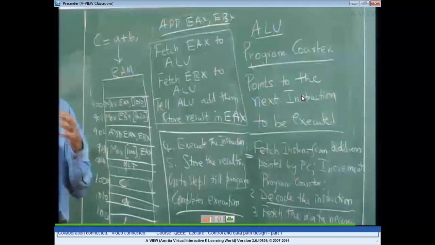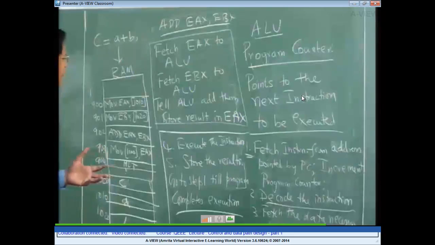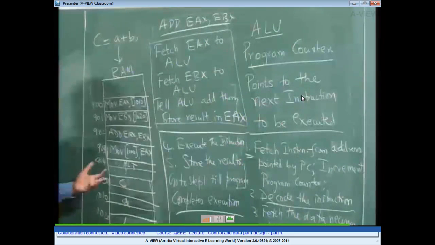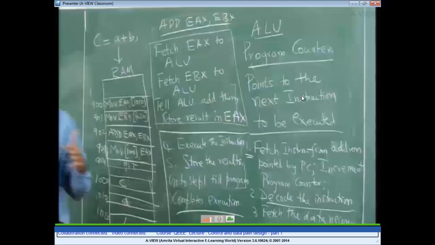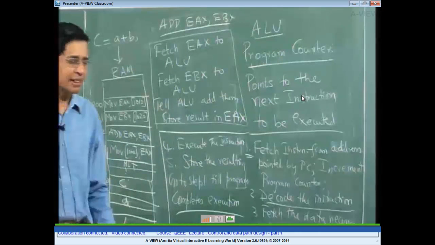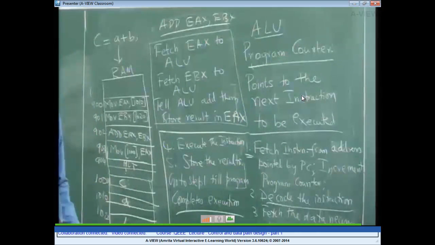So what would be the hardware necessary for it to execute, how is that hardware organized, is what we will cover in the next 1.5 classes, the remaining part of this class and the subsequent lecture. Okay.